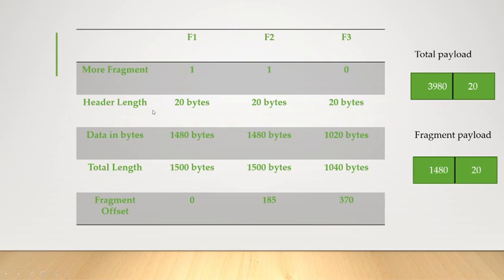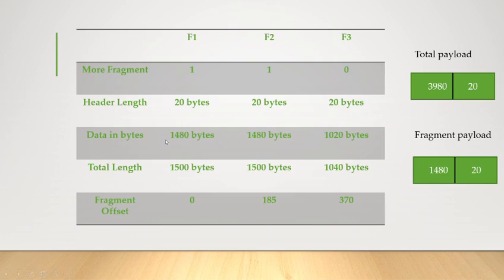And the header length is 20 bytes each, which covers the source and destination addresses, and the data bytes or the payload of our datagram are 1480 bytes. This is filled according to the total length the router allows, that is the MTU. Here the total payload is 3980, which is divided among these 3 fragments, and the possible payload length of a datagram is 1480 bytes.